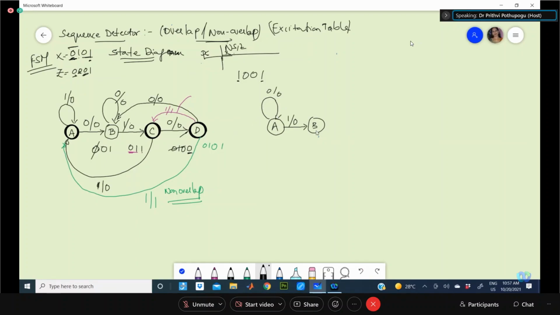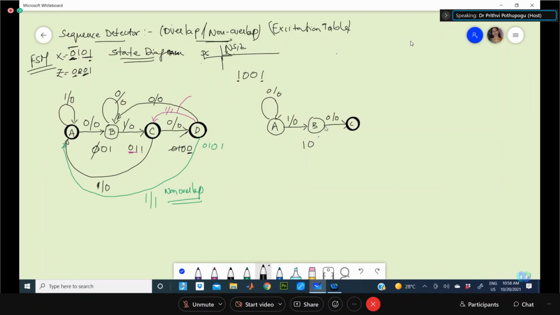In the present state B, you identified the first bit. Now here it should be 0. If 0 happens, it goes to state C, generating 0.